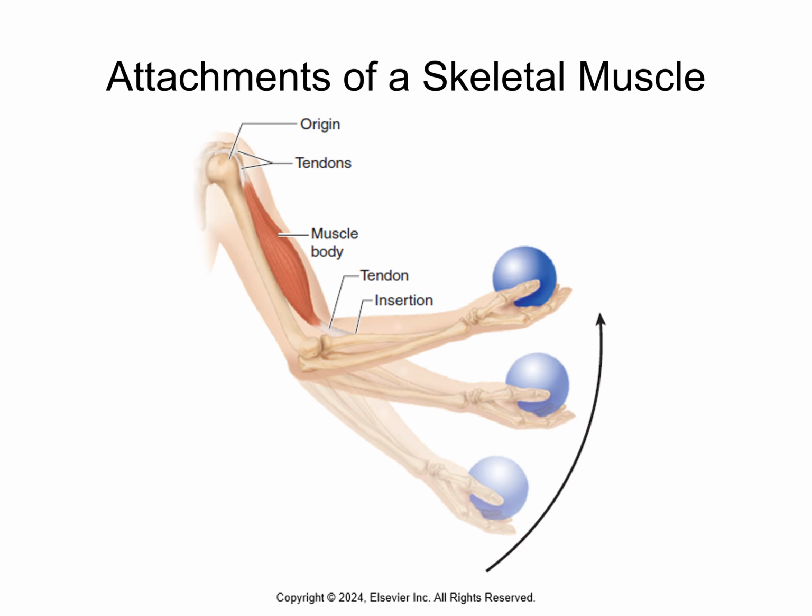There's the insertion point. Now, this ulna is going to flex, but it's staying still with the origin. Here's your insertion, here's your origin, and the muscle body is what we see. So understand the three parts in their entirety.